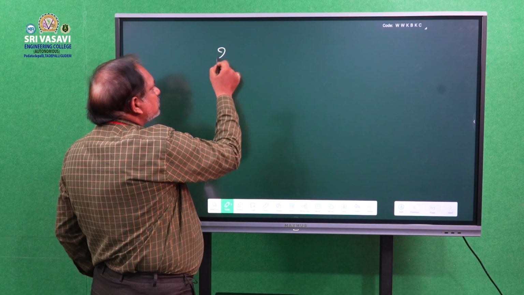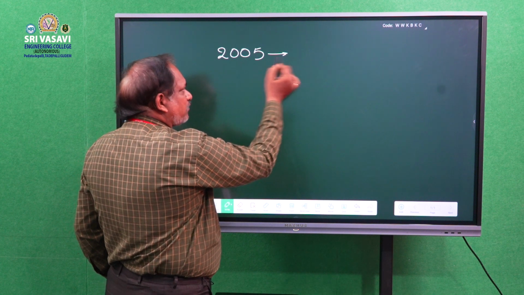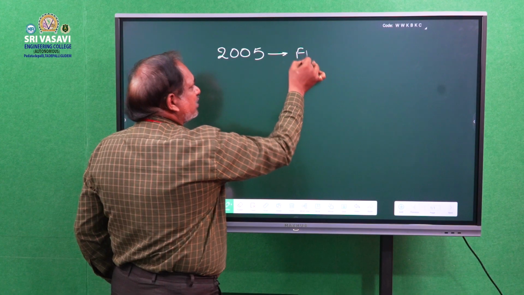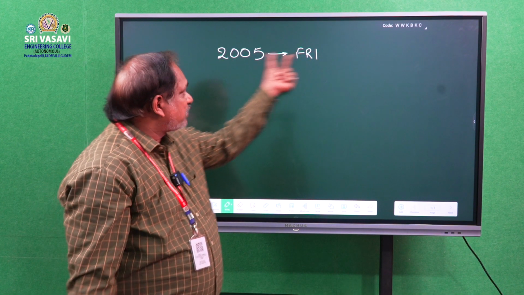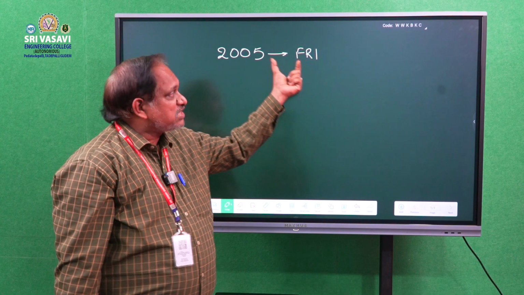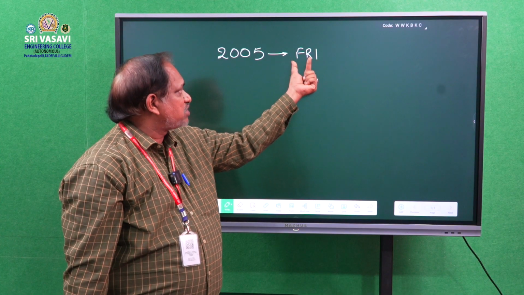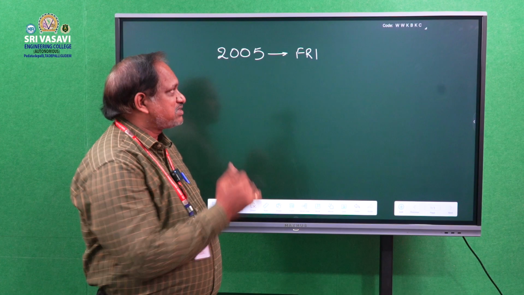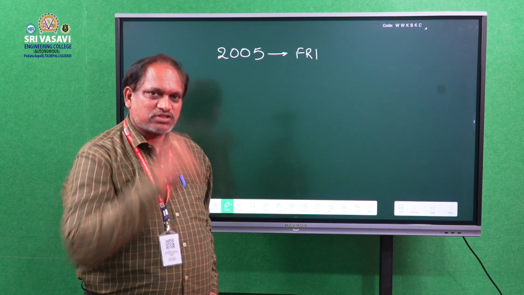See this 2005, you consider the first day of January, for example, any day, that is equal to Friday. 2005 is a Friday. So which calendar appears again with the first day of January as Friday, that is required for us. So same as the previous example, we know that 1 year is equal to 1 odd day.